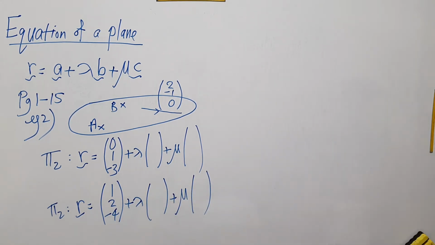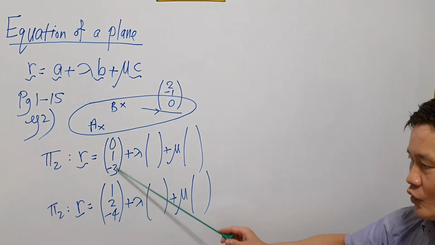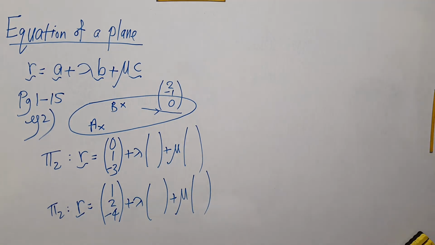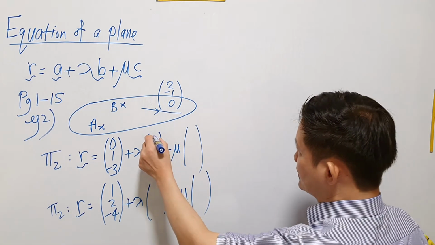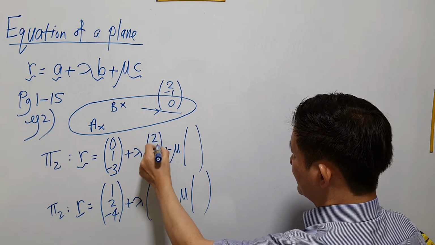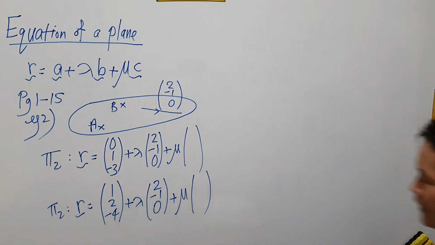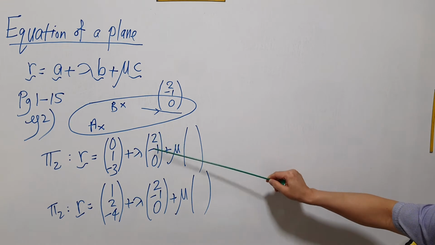And then for the second vector, once again, you want to realize that you could have many choices. For the second vector, I need a vector that is parallel to the plane. An obvious choice is already given in the question. I could use this. How about another vector that is parallel to the plane pi2, but make sure that it is not parallel to this vector 2, minus 1, 0?